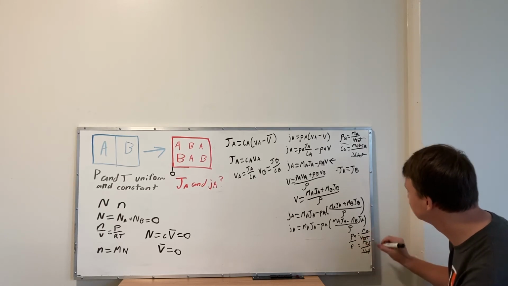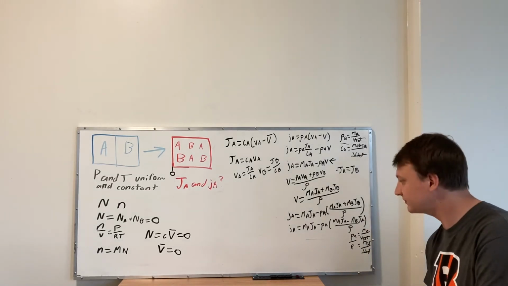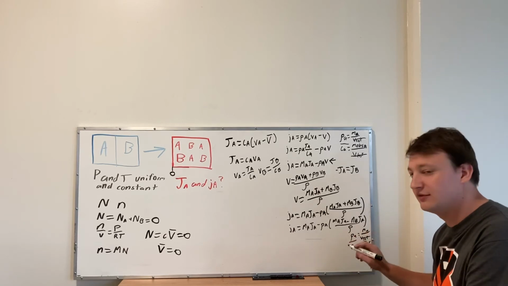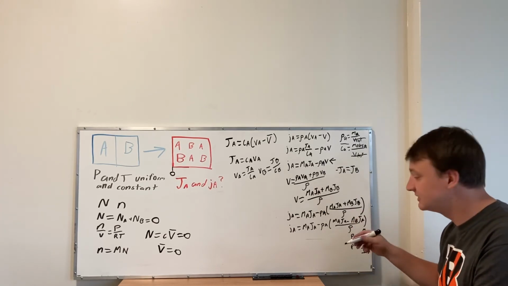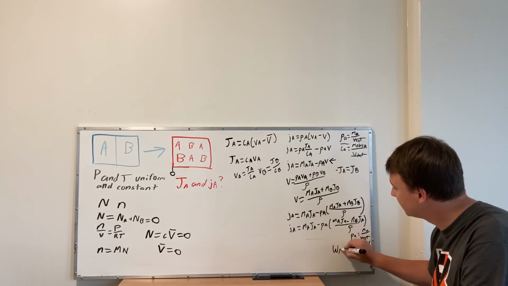Cancel the volumes and you get mass of A over total mass. Now, with that, we know that the mass of a component over the total mass is the mass fraction of that component.